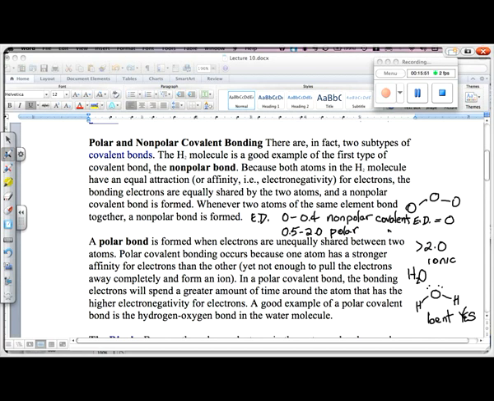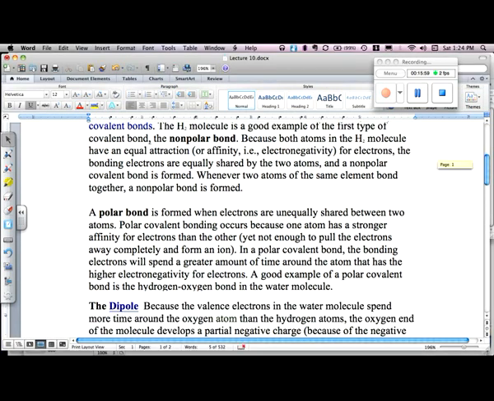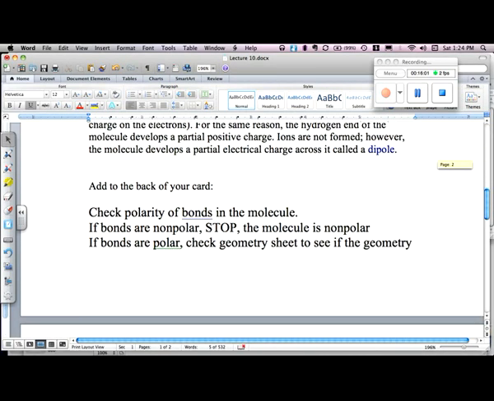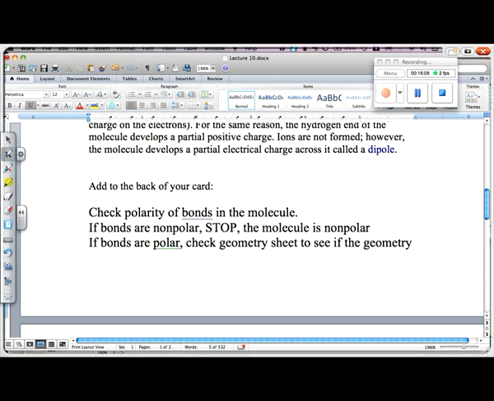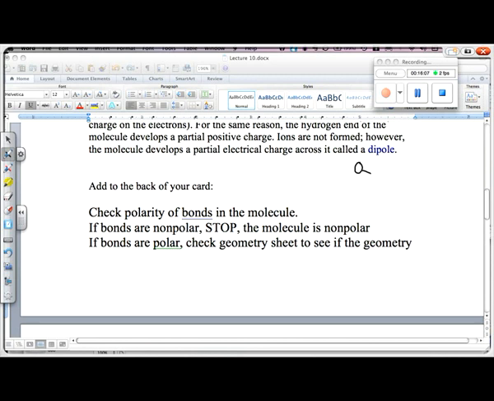So before we go any further, what I'd like for you to do is copy these to the back of your card. And I will draw the water molecule again right here. All right?